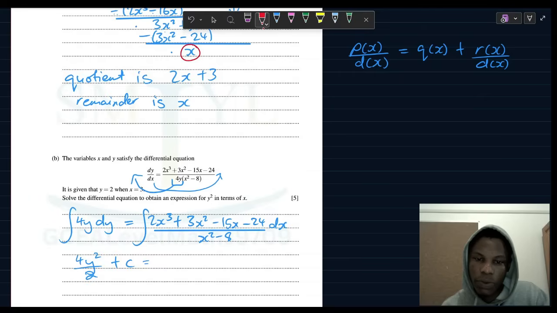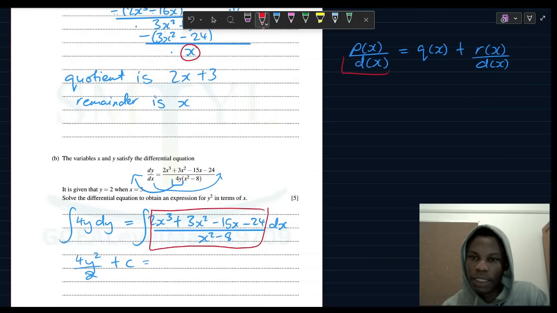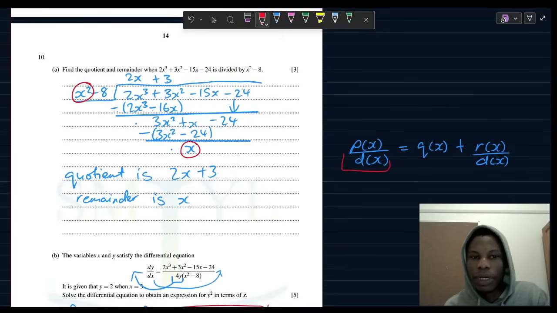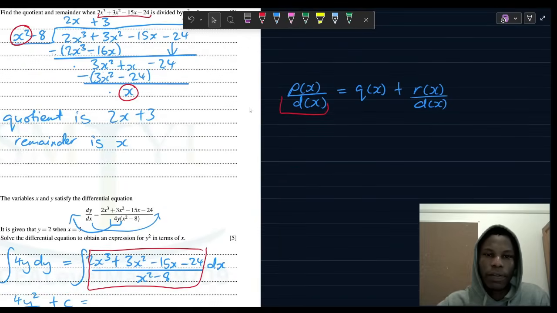So what we have here is our p of x over d of x, which is what we evaluated in part A. We did p of x divided by this.